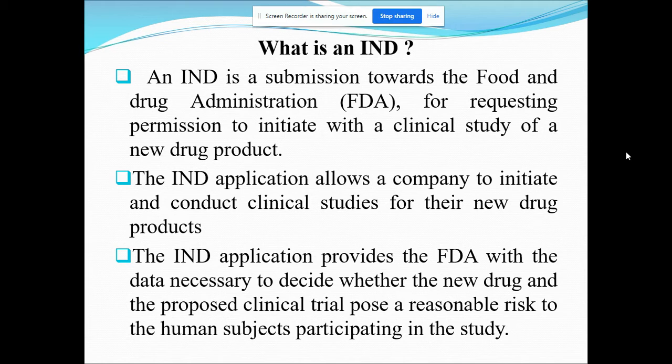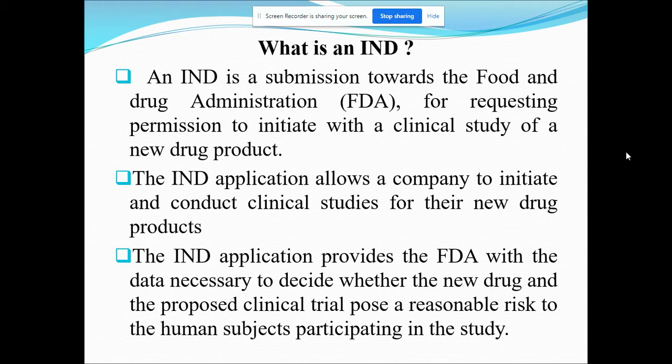Here the first slide is in front of you, giving the introductory part related to the topic of IND. What is IND? IND stands for Investigational New Drug Application.